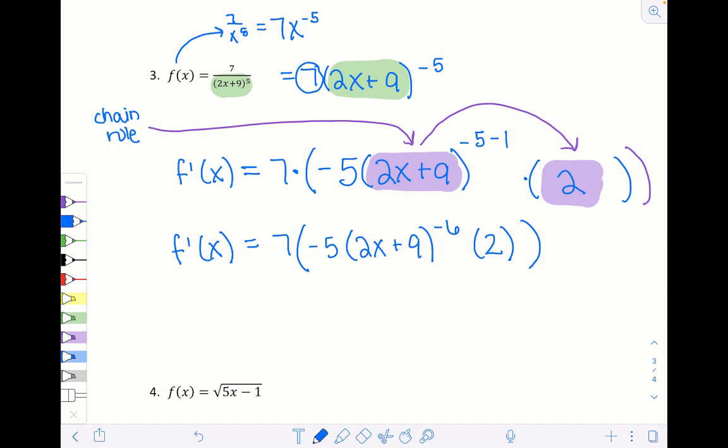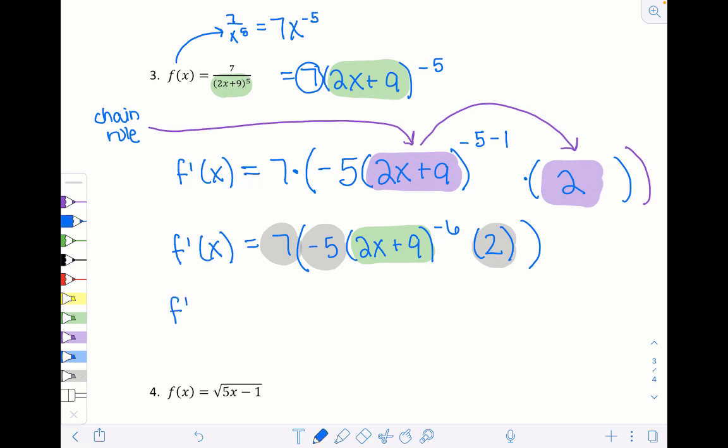To simplify, you're not going to do anything with that inner parentheses here, because it has an exponent of negative 6, which means you can't really multiply it with anything else. But here you've got 7 times a negative 5 times a 2, so you would want to combine all those together.